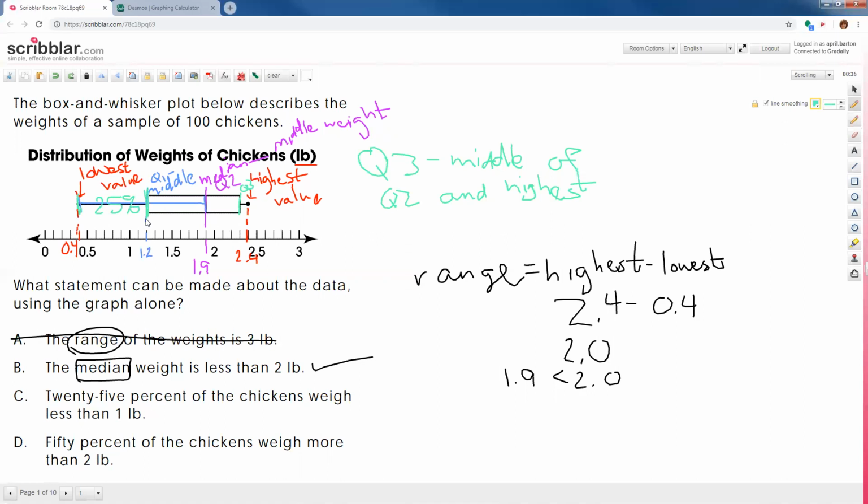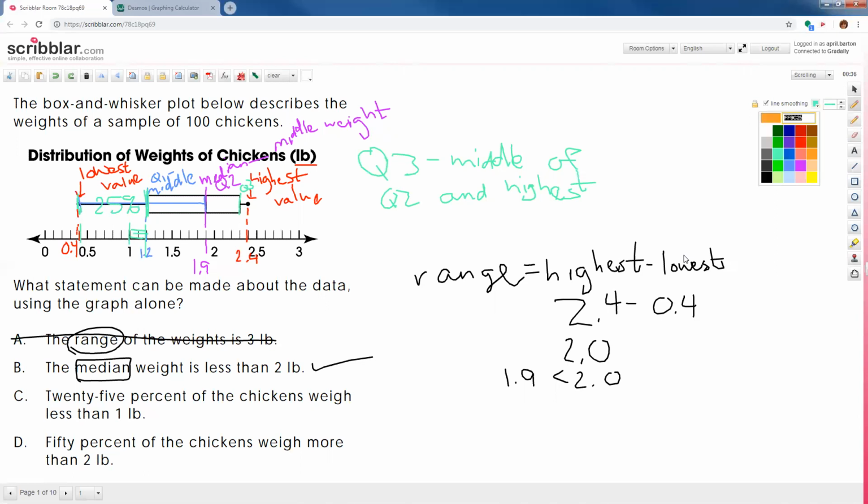The statement says they weigh less than 1 pound, which is some of them, but part of that data is above 1 pound. So that's why it doesn't work, because some of this first 25% of data is above the 1 pound mark.